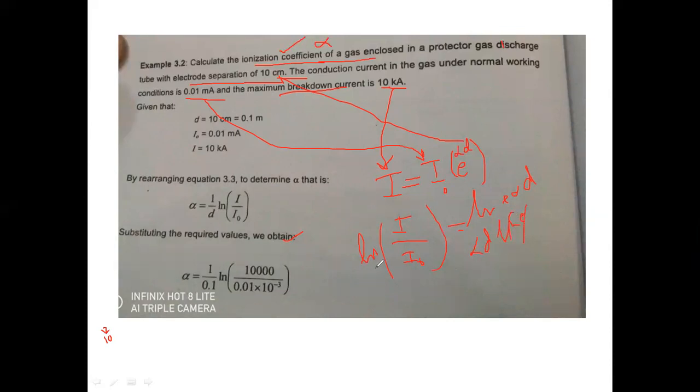So alpha d will be equal to this. We have to find alpha, so dividing by d on both sides, we will get 1 over d ln of I divided by I naught. All of these three values are given: d is 0.1, I is 10 kilo, and I naught is this. So we will get the answer for the alpha. Okay.